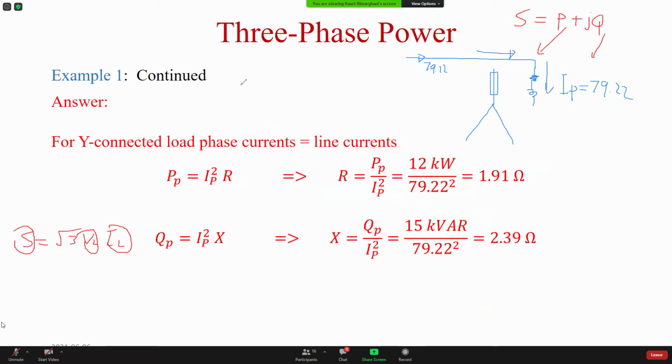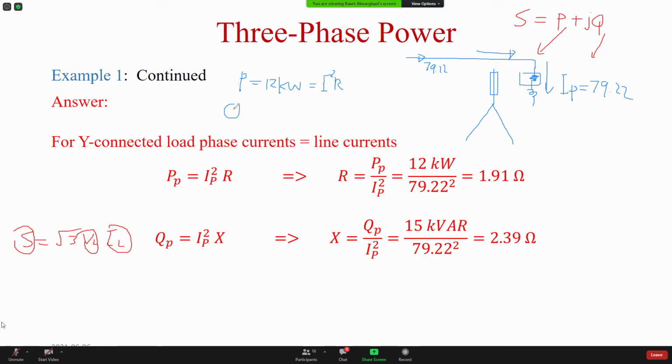And I know P, okay, per phase is 12 kilowatt. Here we know per phase P equals I squared R. I have P, I can find R, this resistance.